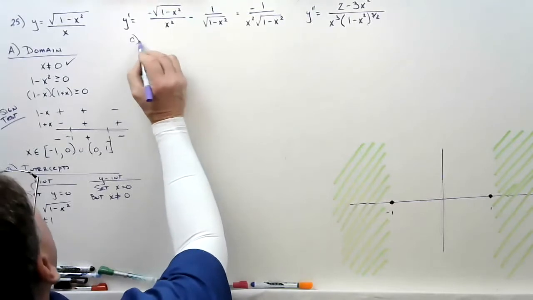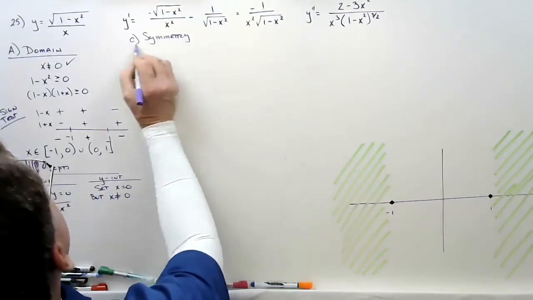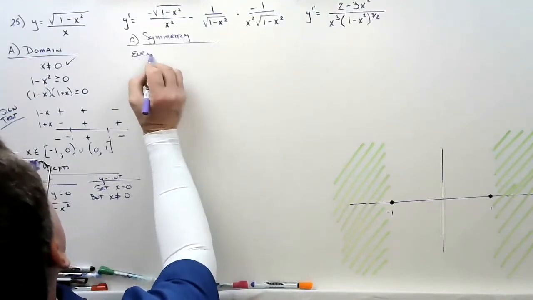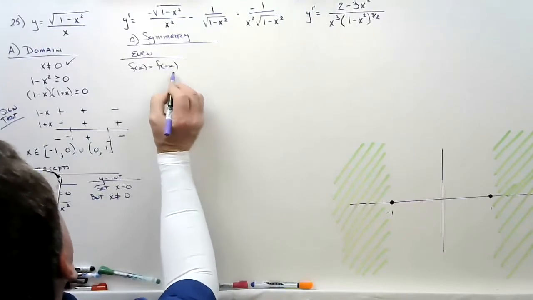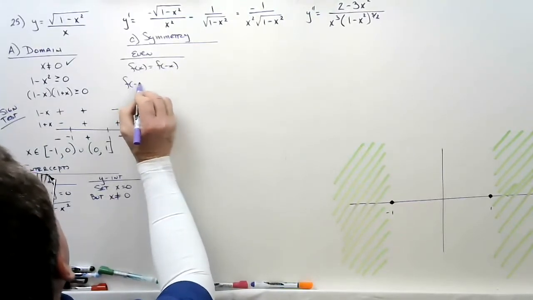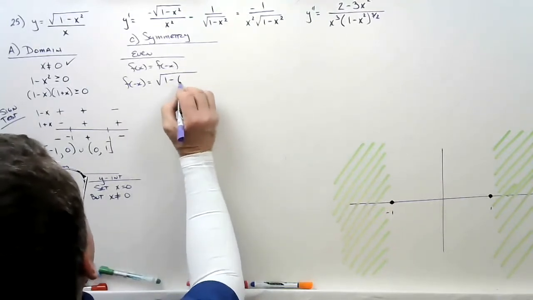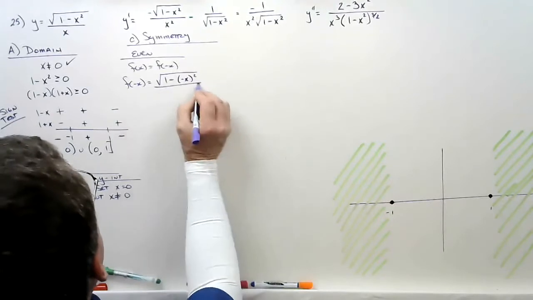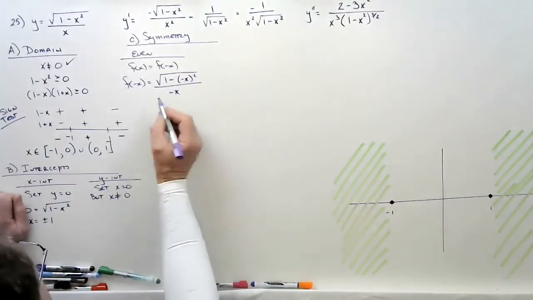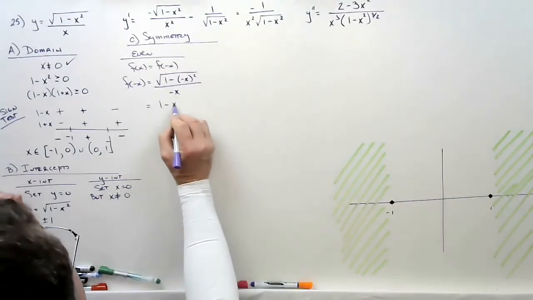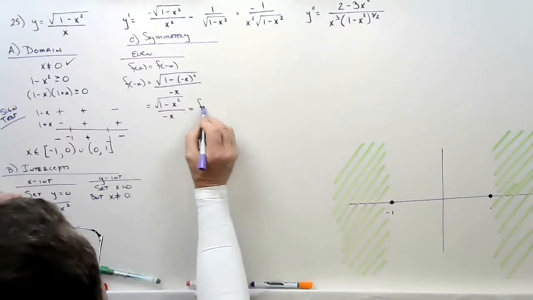C, we do symmetry. Even: f of x equals f of minus x. F of minus x equals the square root of 1 minus x squared over minus x. Well, minus x squared is just x squared. That's not f of x.